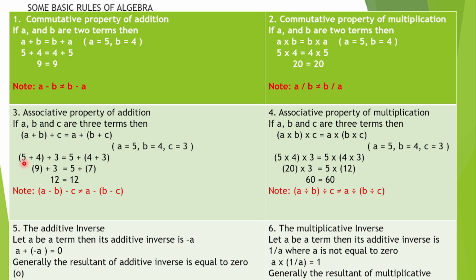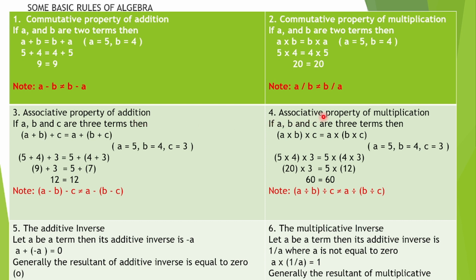So 5 plus 4 is equal to 9, plus 3, and 4 plus 3 is equal to 7. So 9 plus 3 is equal to 12 and 5 plus 7 is equal to 12. 12 is equal to 12. So hence proved that (a plus b) plus c is equal to a plus (b plus c). So this associative property of addition is proved.